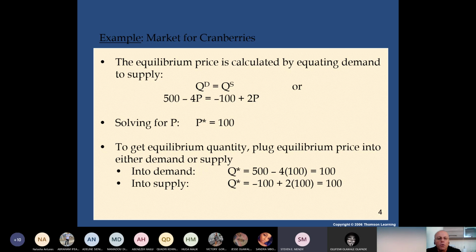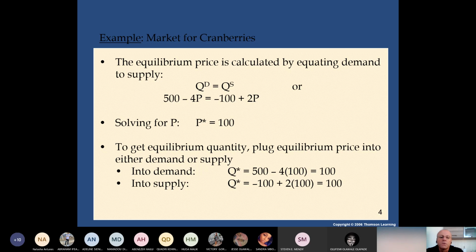Then you put this 100 into either the quantity demanded or the supply equation, as given on the below side of this PowerPoint. Putting it into demand: 500 minus 4 multiplied by 100 is 500 minus 400, which gives you 100.